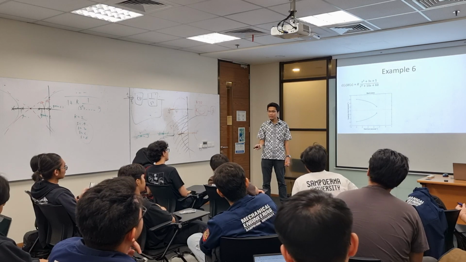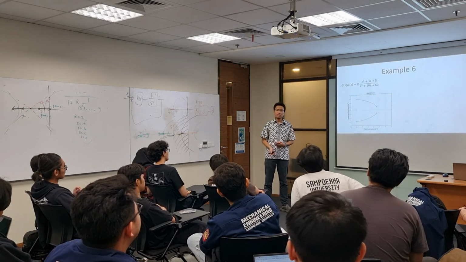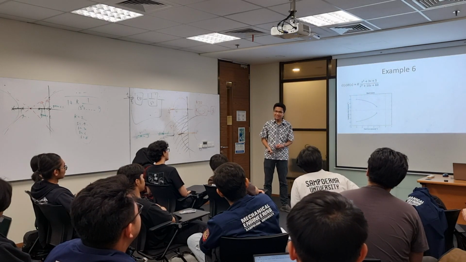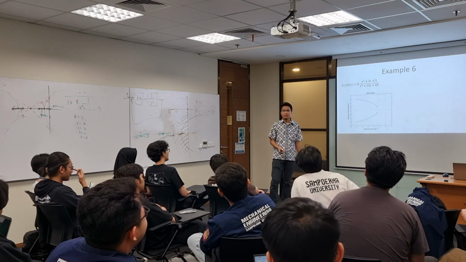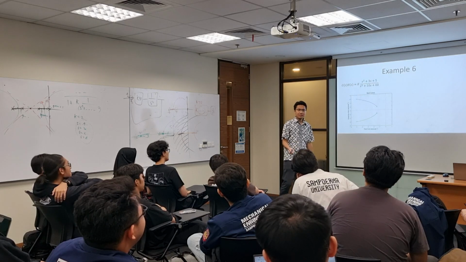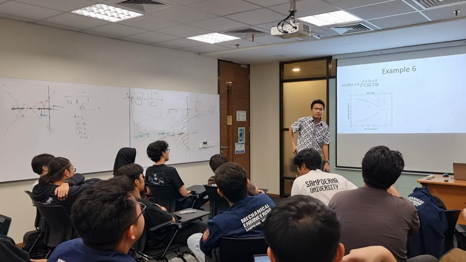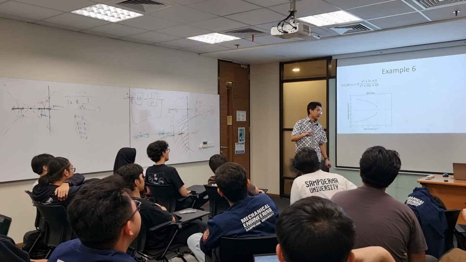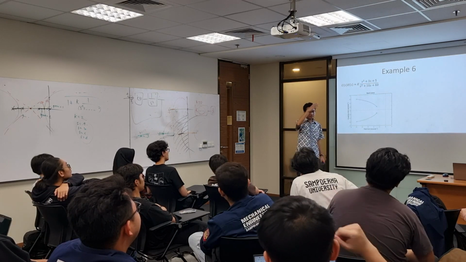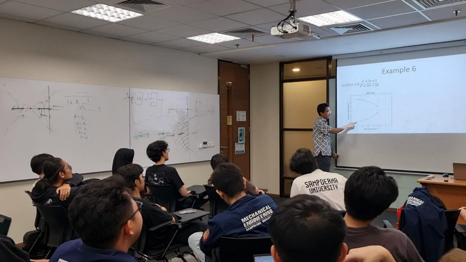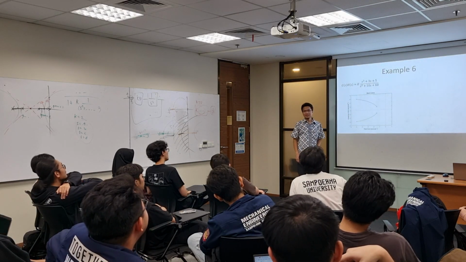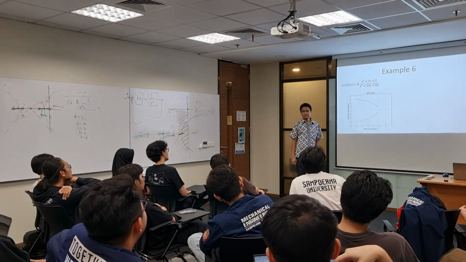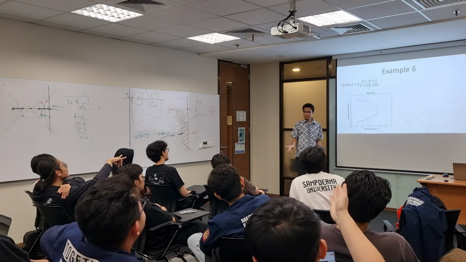Do you know why? What's the reason? Why is there no real axis pole?